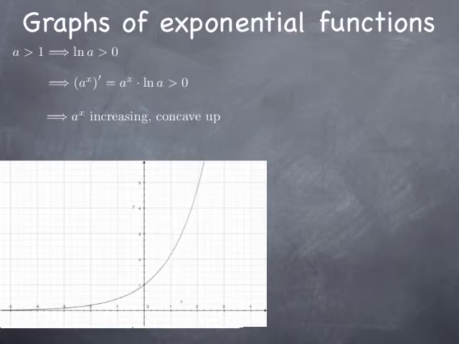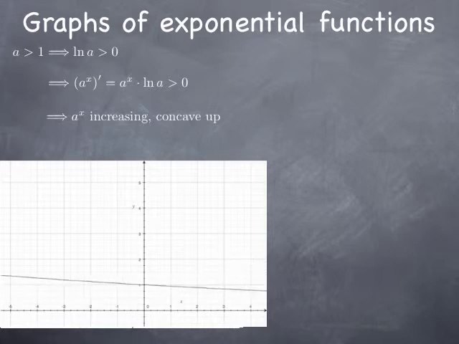Now, a here is still greater than 1, but as a gets closer to 1, you see that the graph of the exponential is getting flatter and flatter until it is essentially the line y equal 1.